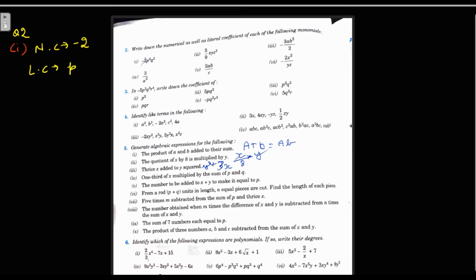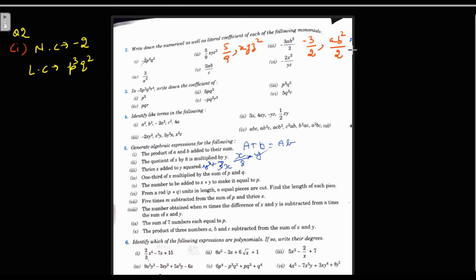p cube q square. I am going to solve it here on the page. Here the numerical coefficient would be 5 upon 9, and the literal coefficient would be its alphabetic part x, y, z square. Again the numerical coefficient would be minus 3 upon 2 and the literal coefficient would be ab square, not minus, because we have already taken minus in this part.